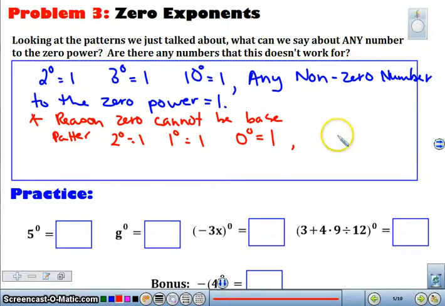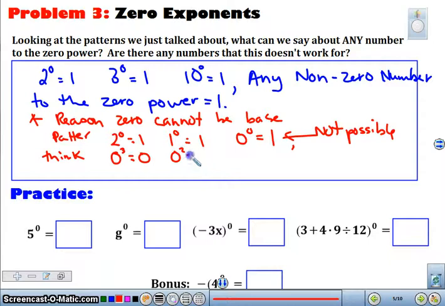But that's not possible, because 0 to the 3rd power is 0, 0 to the 2nd is 0, and 0 to the 1st is 0. So here we'd be saying that 0 to the 0 equals 0.